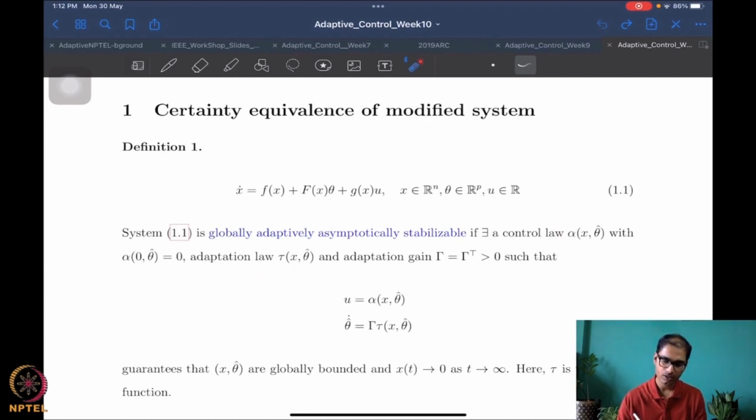Tau is of course called the tuning function. This is the important piece of terminology here. This is what you need for a system to be globally adaptively asymptotically stabilizable.